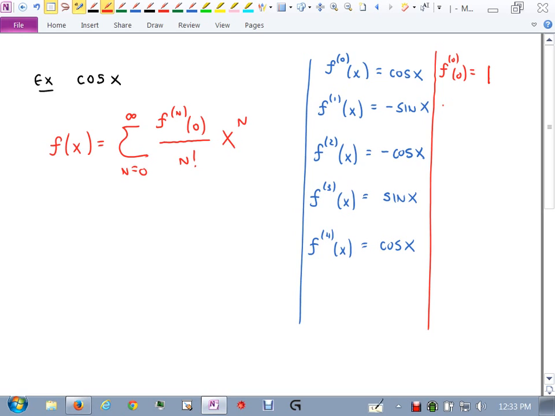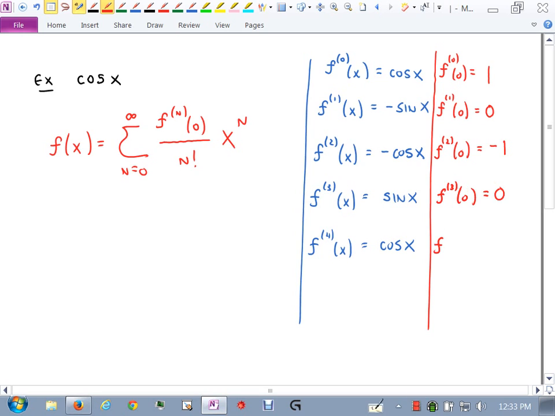What's the first derivative at 0? So what's sine of 0? 0. Okay. What's the second derivative at 0? Well, cosine of 0 is 1, but then it's negative, right? So you get negative 1. And then you're going to get 0 on the third derivative.